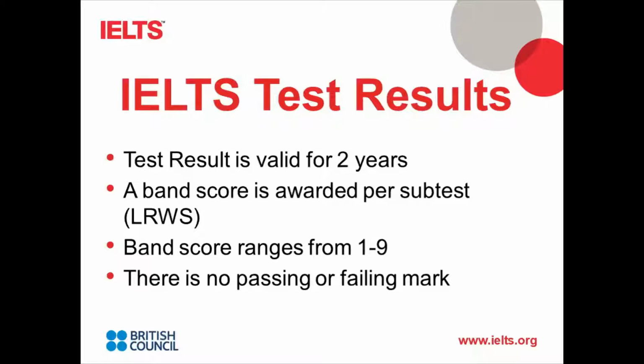The band score usually ranges from 1 to 9. What we call marks is the same as the band score. In IELTS, there are no marks, it is all band score. There is no passing or failing of the examination or failing mark. It is up to the requirement of different specific countries.